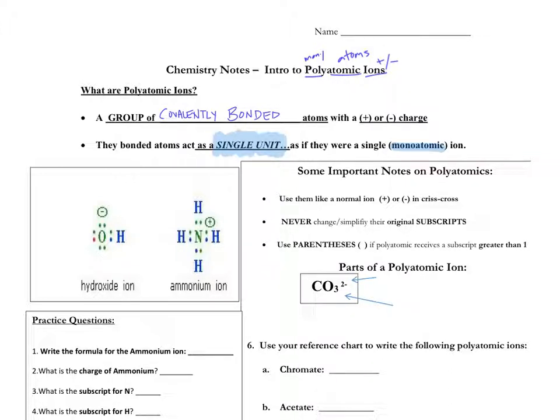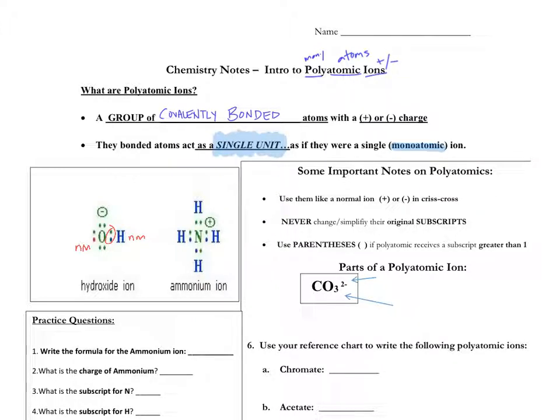Over here on the left, we've got what we call a hydroxide ion. What you notice is that there's an oxygen and a hydrogen. Remember that oxygen is a nonmetal, hydrogen is a nonmetal, and these two nonmetals are sharing electrons, so this is a covalent bond.